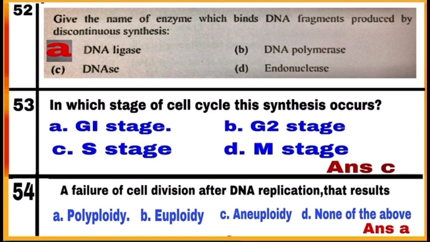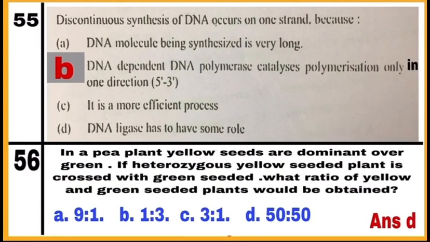Question 54. A failure in cell division after DNA replication results in? This results in polyploidy, where whole set of chromosomes increase. So here mark A as a correct answer. Question 55.